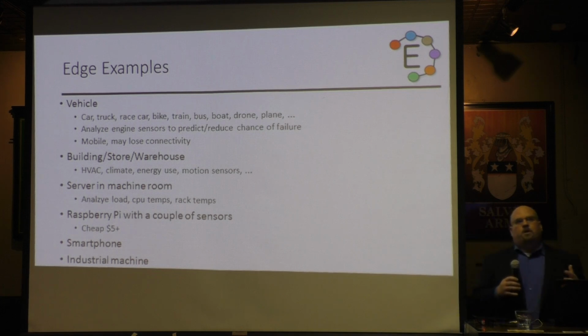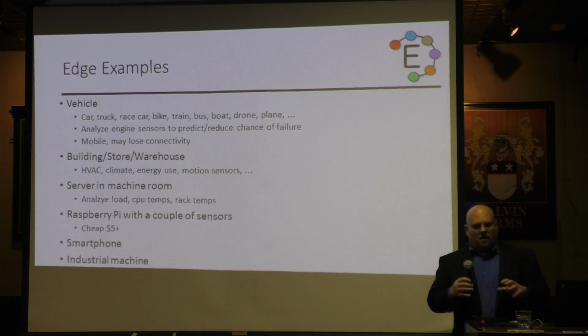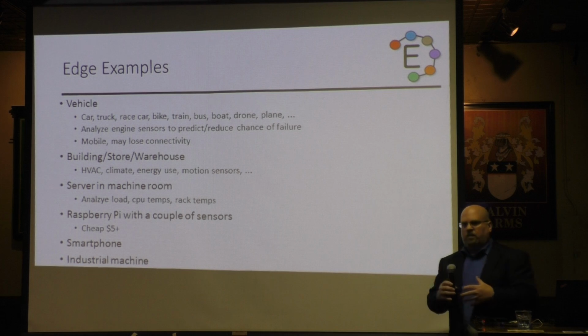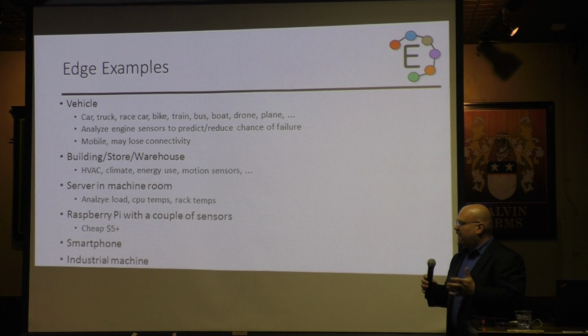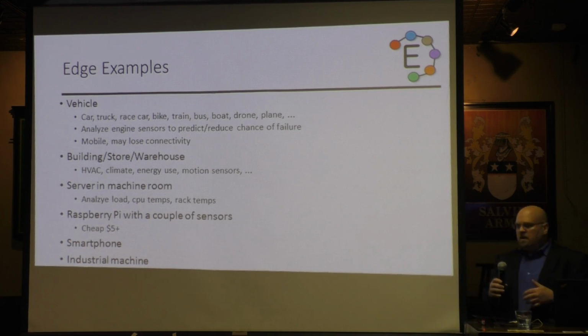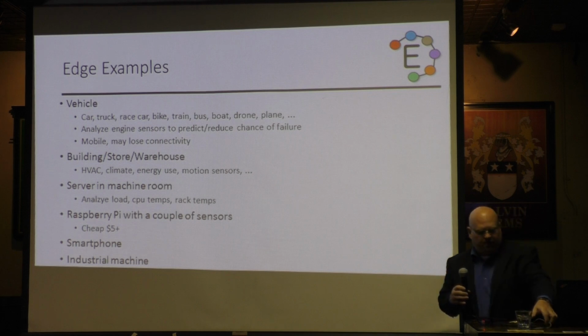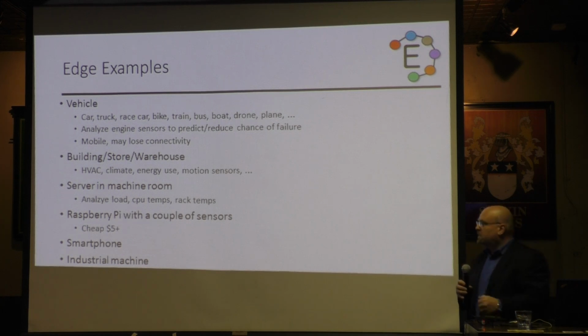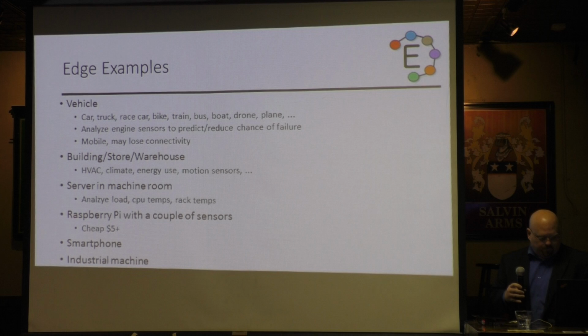Anywhere you have a sensor gathering data that is not in a data center connected to a high throughput bus, right? That's really the edge. And the Pi is a good example of some great edge devices that you can use for sandbox type stuff, proofs of concept. So these edge spaces are somewhat numerous.